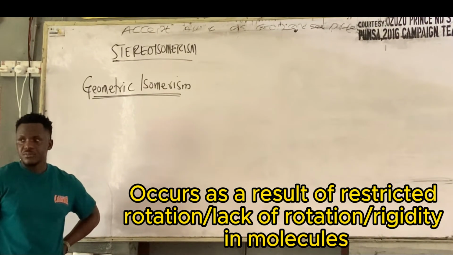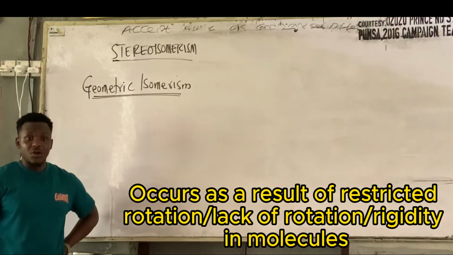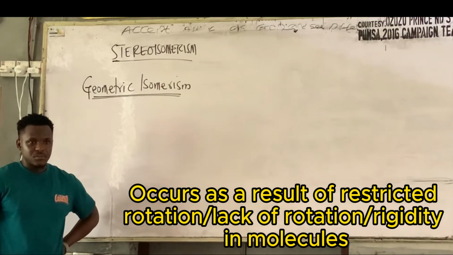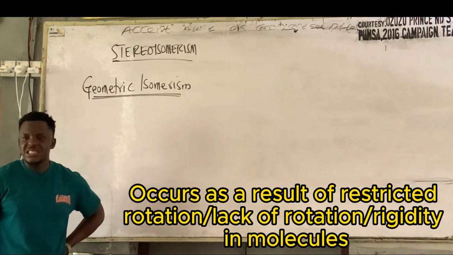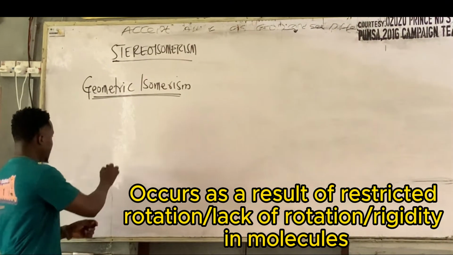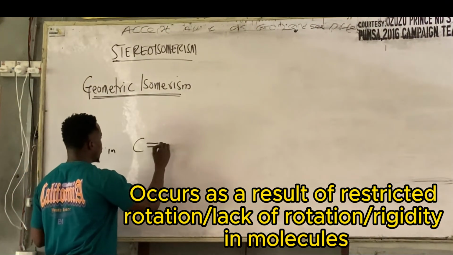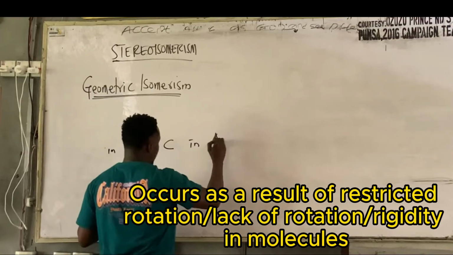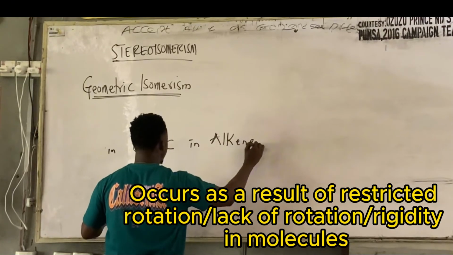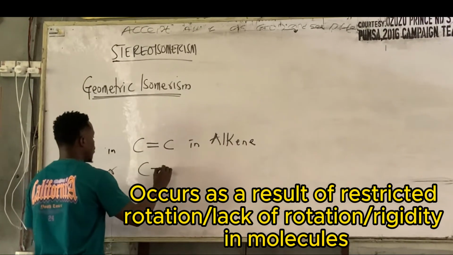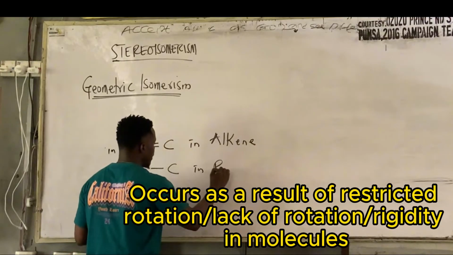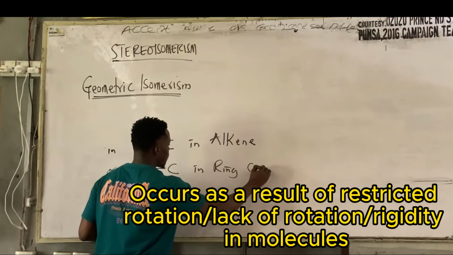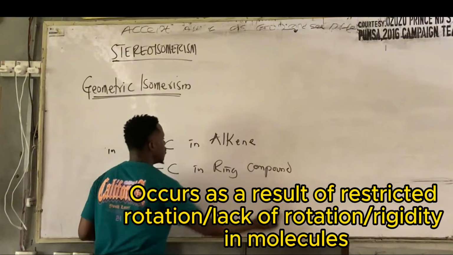This is found in a carbon-carbon double bond in alkenes or a carbon-carbon single bond in a ring compound.